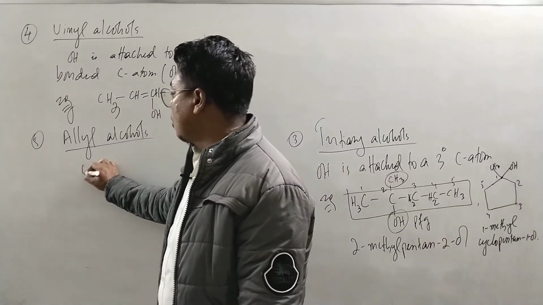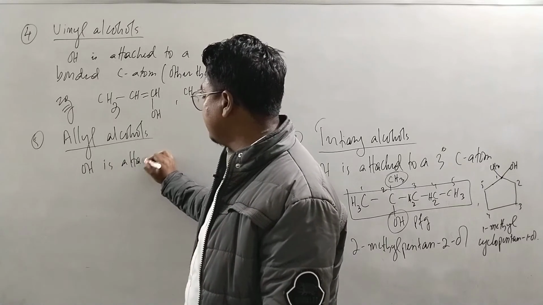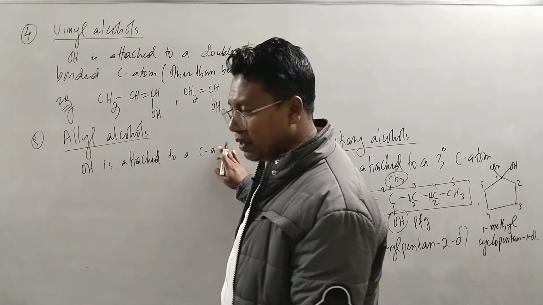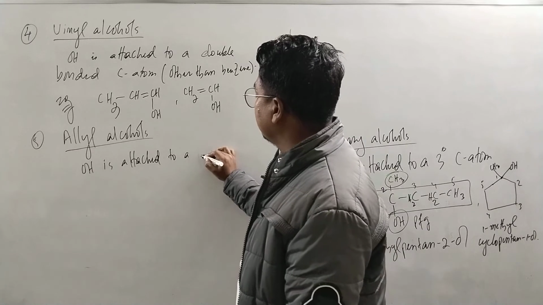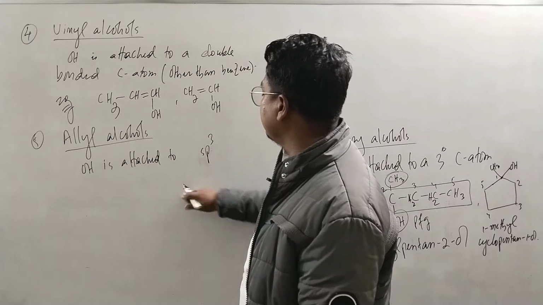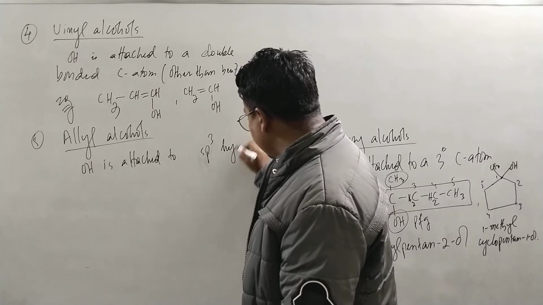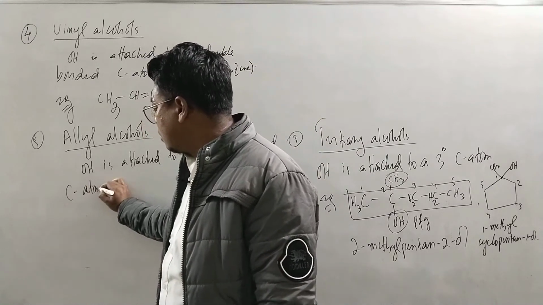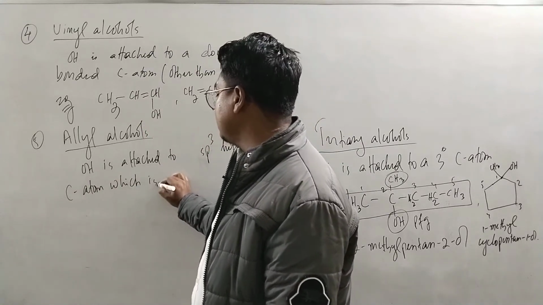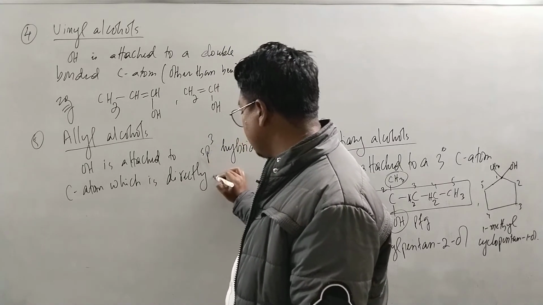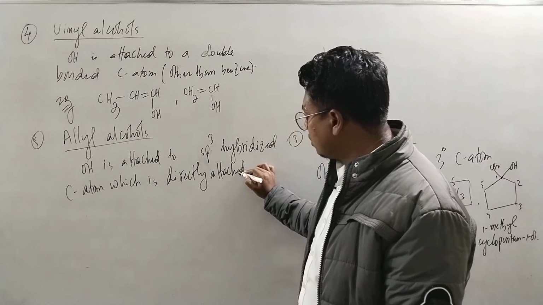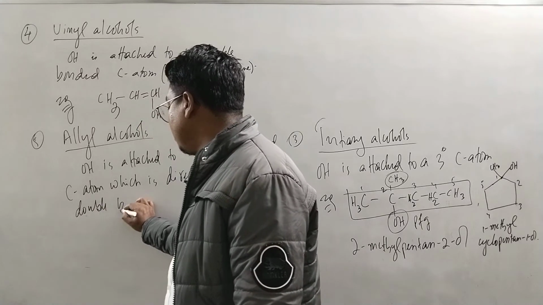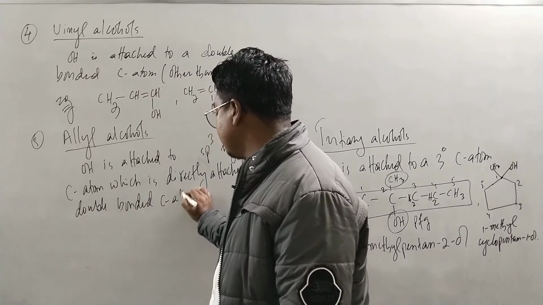In allyl alcohols, OH is attached to an sp3 hybridized carbon atom which is directly attached to a double bonded carbon atom.